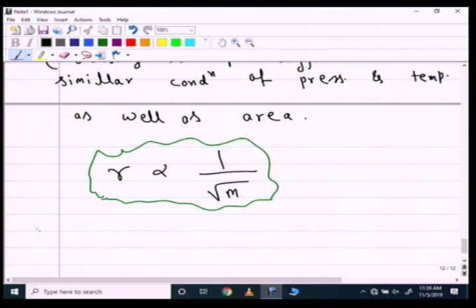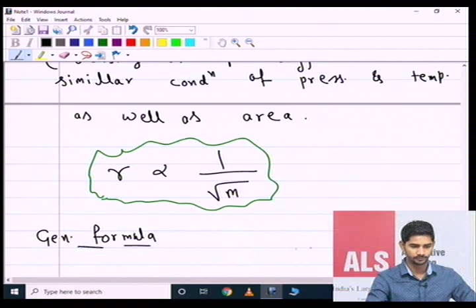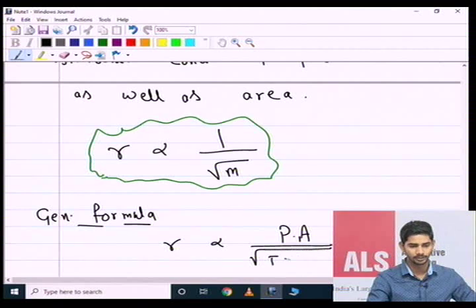If I talk about the general formula, that formula is: rate is inversely proportional to pressure into area under the root temperature and molar mass.